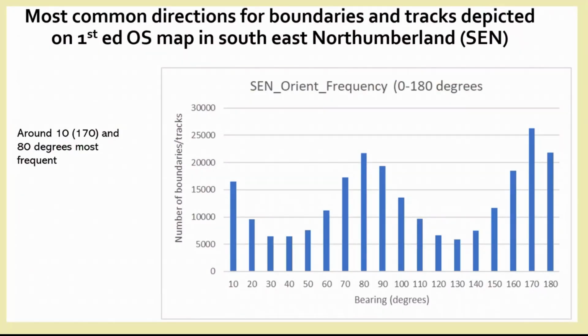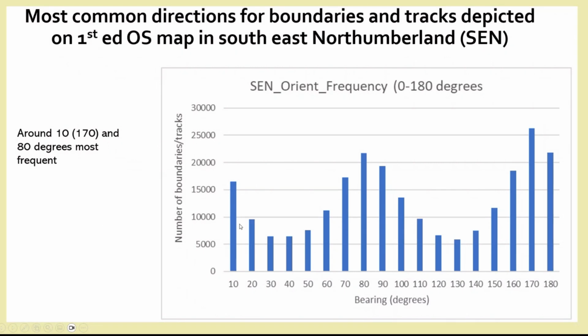So the most common orientations for boundaries and tracts depicted on the first edition OS map in southeast Northumberland were found to be around 10 or 170 and 80 degrees, as you can see from this graph.